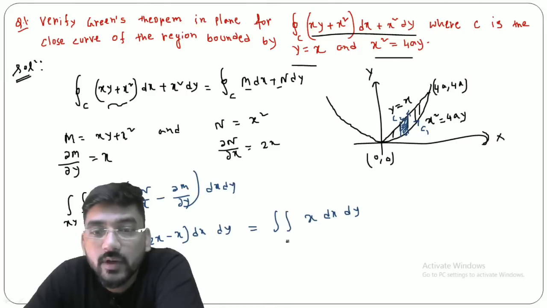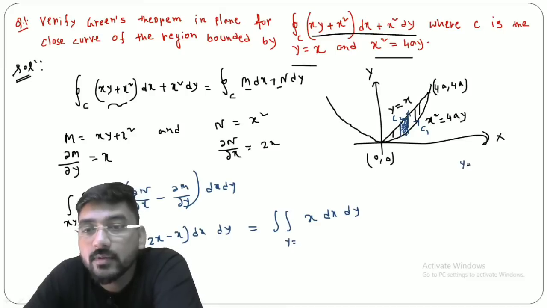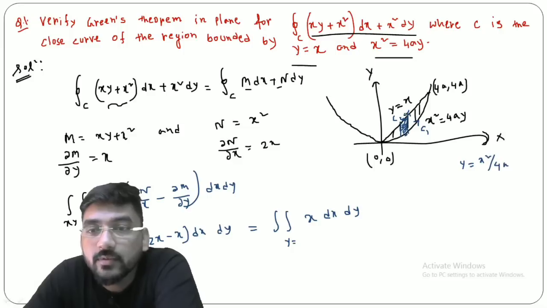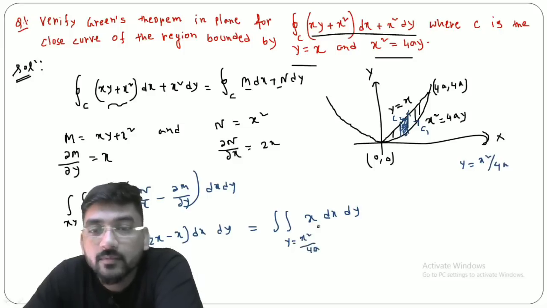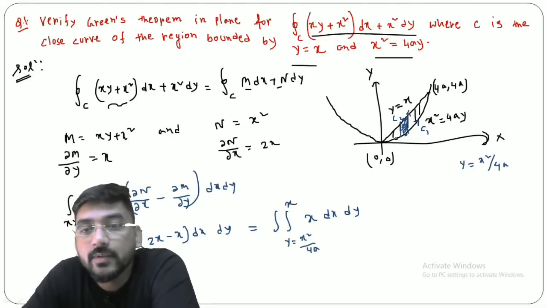So the lower limit of y will be y is equal to x square by 4a. So y will vary from x square by 4a to x, and x will vary from here to here, 0 to 4a. So the whole region will be covered.